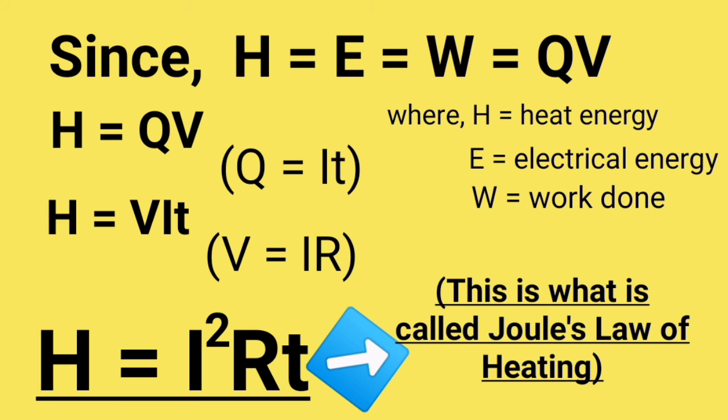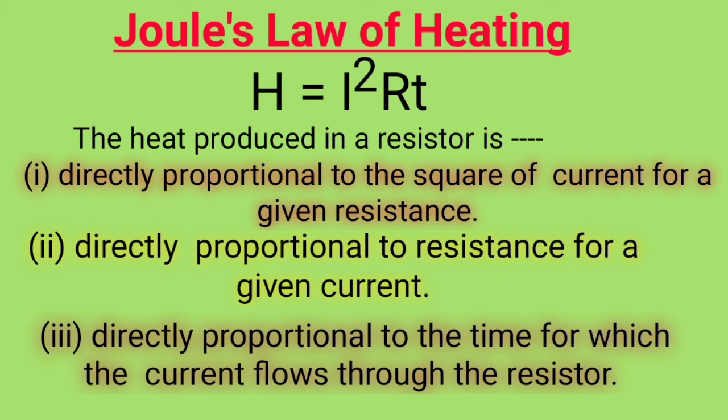And this is what is called Joule's law of heating. So what is Joule's law of heating? From the expression H is equal to I square RT, we can say that the heat produced in a resistor is directly proportional to the square of current for a given resistance.